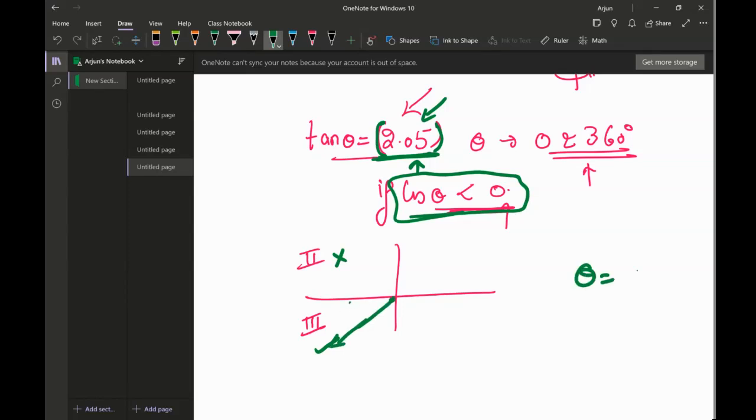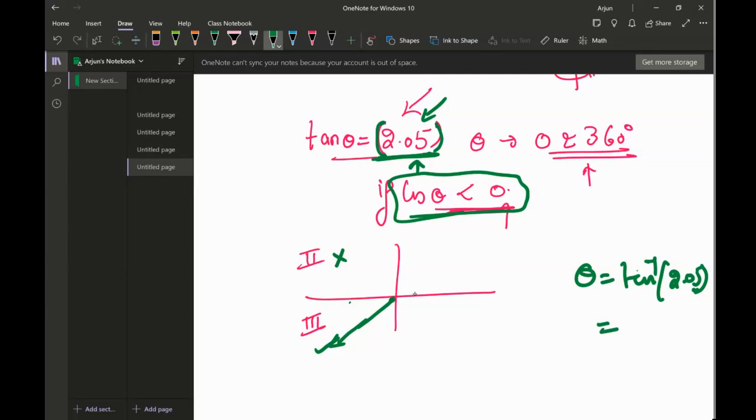So I will find theta equal to tangent inverse of 2.05 first of all, and let's see what value comes out to be. So tangent inverse, second function, tangent inverse 2.05, that is 63.99.